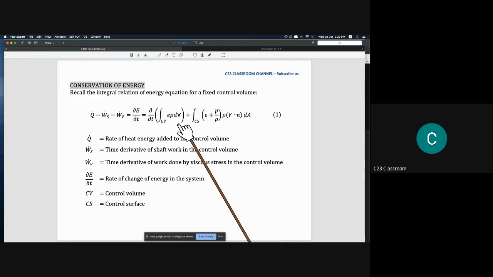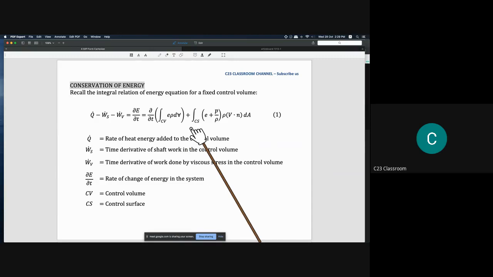But at the same time, when the balloon expands, the surface of that balloon is increasing, so there are certain changes of energy occurring on the surface. I think you already learned about the Reynolds transport theorem. This is the idea of the Reynolds transport theorem, or sometimes they call it the integral method.